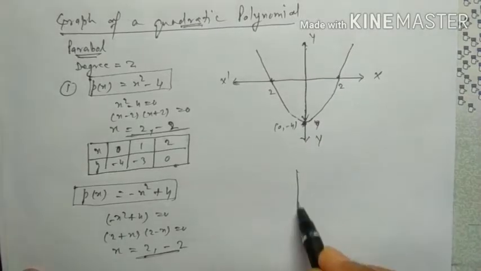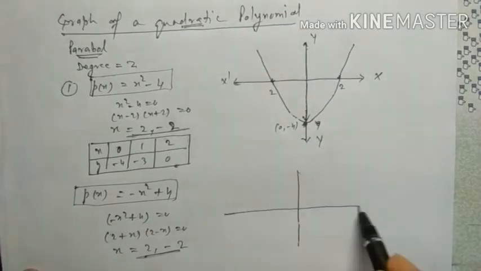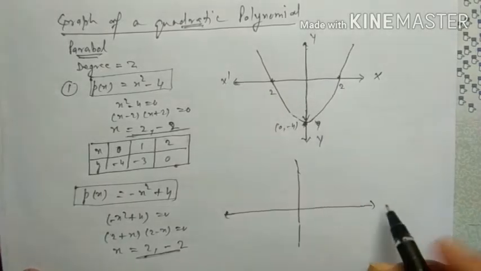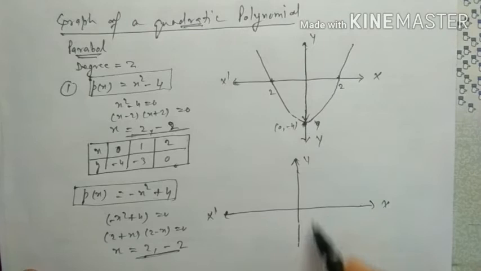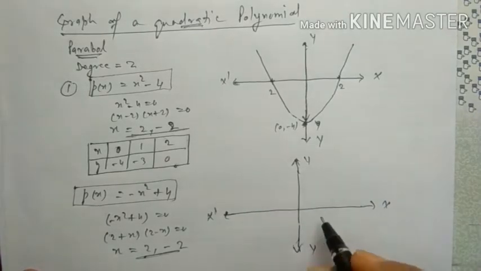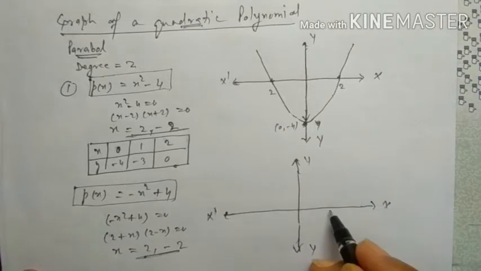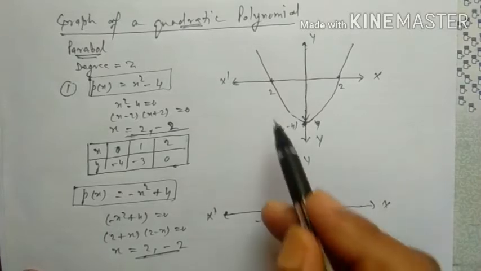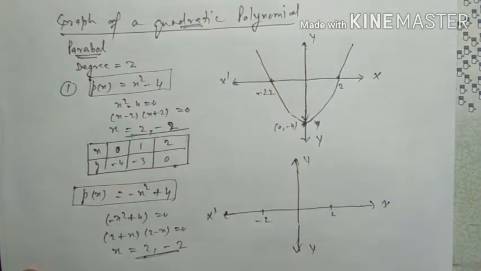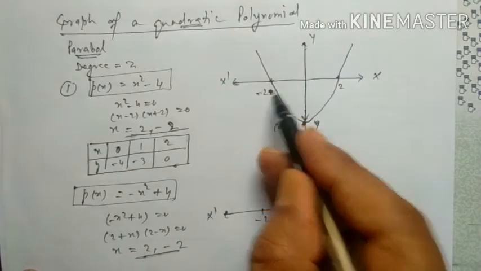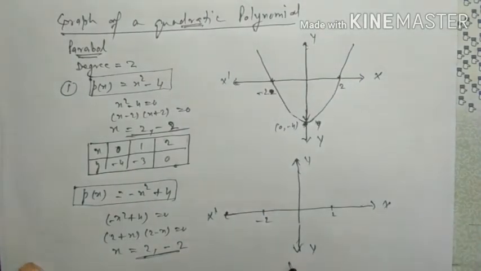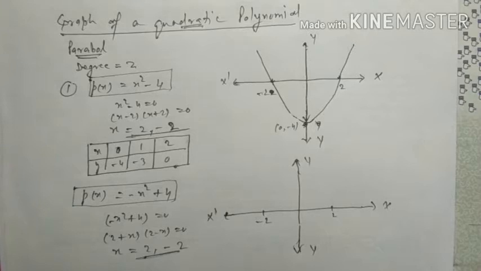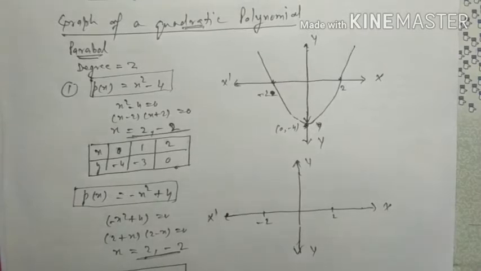Now let's draw its graph. This is the x-axis, x dash, this is y dash. The 2 zeros are 2 and -2. Suppose this is 2, here 1 and 2, and -1, -2. Similarly we will take some points x and y.